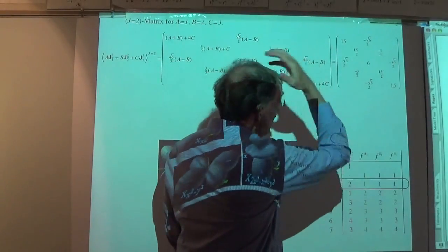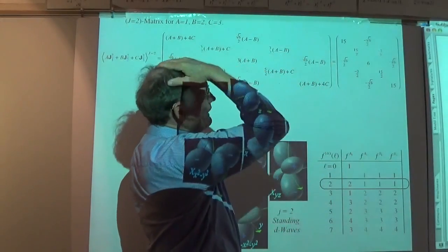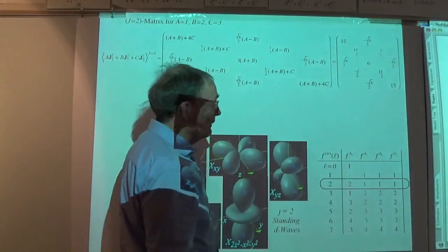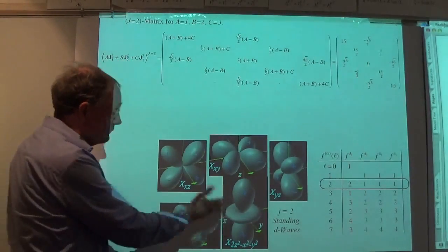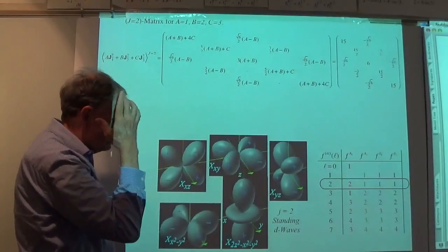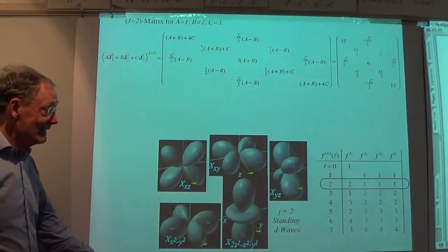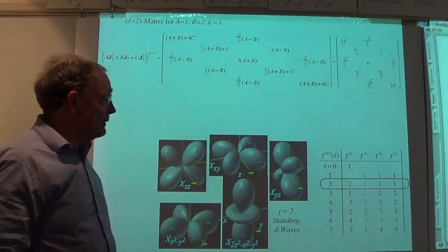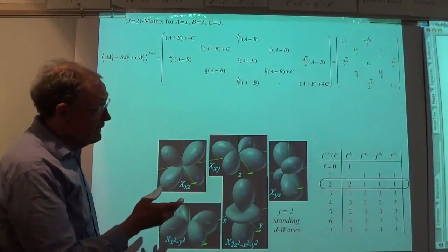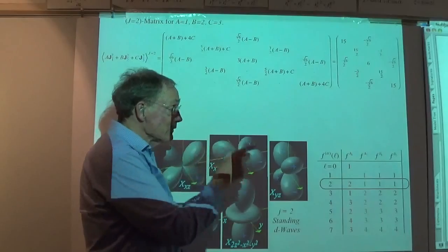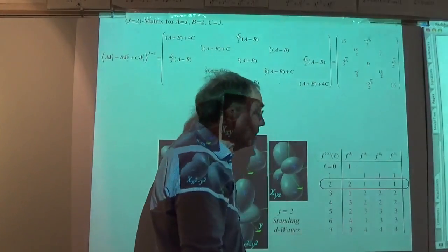Well, this one is a little less diagonal than the other one. It obviously requires some work. We're now working in the full basis of all 5 of these standing D waves. And the question is, what linear combinations of those are going to give me an eigenvector? Now, when I look at the correlation table, it tells me something right away.